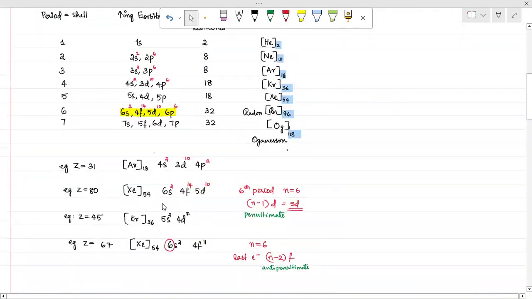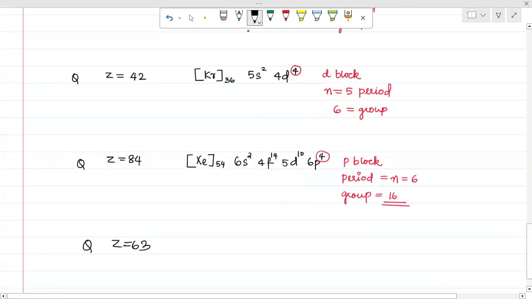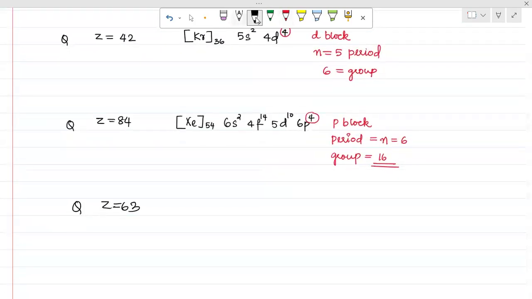Okay, try 63. Last, 63. Again, we know that the noble gas before is xenon, 54. Then you have 6s2, so 56. You need 7 more, which can be accommodated in 4f. Correct?